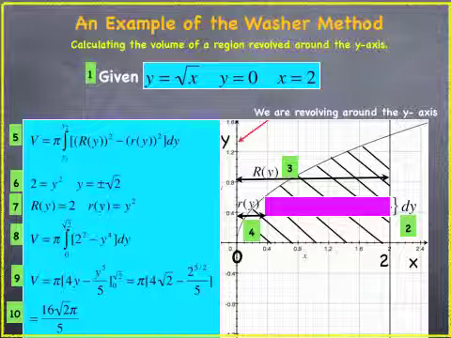Okay, so let's go back to our diagram. We have a rectangle that's been drawn on our diagram, and you want to use that rectangle to come up with the various calculations. This rectangle is going to be perpendicular to our y-axis. That's the axis we're revolving around.